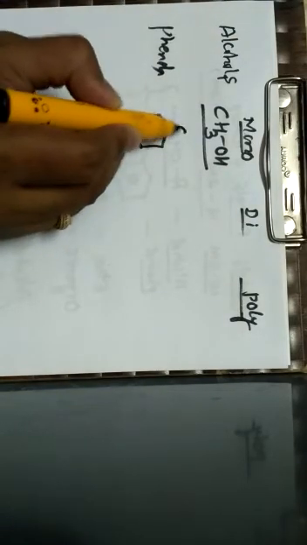I will write the classification as mono, di, as well as poly. Monohydric alcohols: mono means one OH group is present, and an example is CH3OH, which is methanol, a monohydric alcohol. For monohydric phenols, a simple example is phenol, which consists of only one OH group.